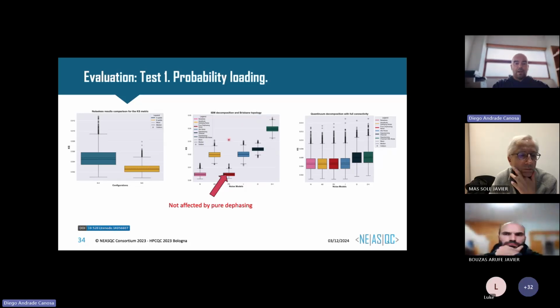And then we have a noisy emulation inspired by an IBM platform, and this one is a noise emulation inspired by a quantum platform. So in all these cases, the lower the better, because the ideal value for the error or for the divergence in this case is 0.